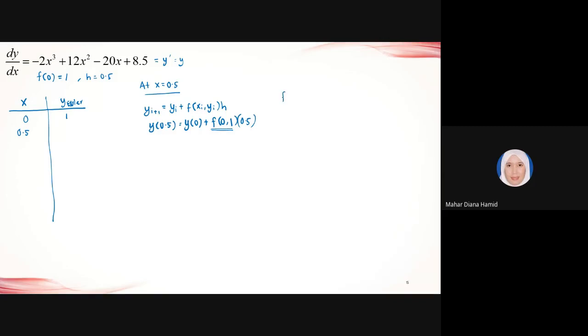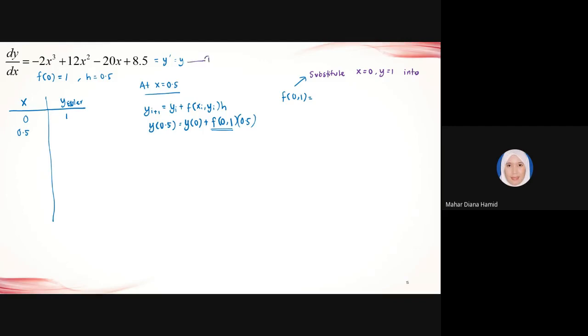If we do this on the side, because I don't want you to get confused, for this line here, this means that you need to substitute x equals 0 and y equals 1 into this equation.